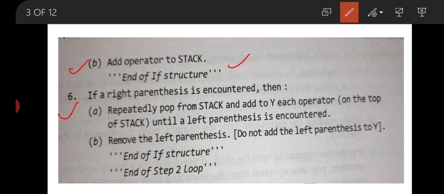Now, our sixth step is if a right parenthesis is encountered.